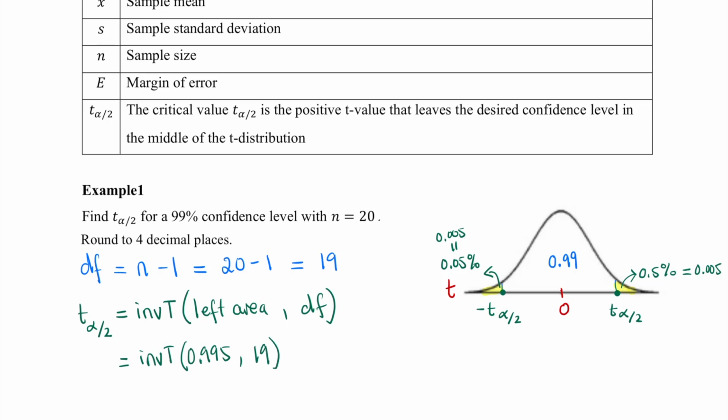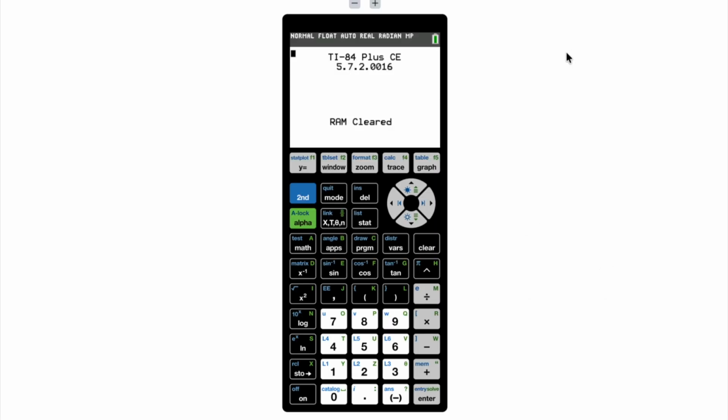Now, let's use our calculator to calculate this. To open the distribution menu, we'll press 2nd, vars. Now choose invT and press enter. For the area, enter the left area, which is 0.995.